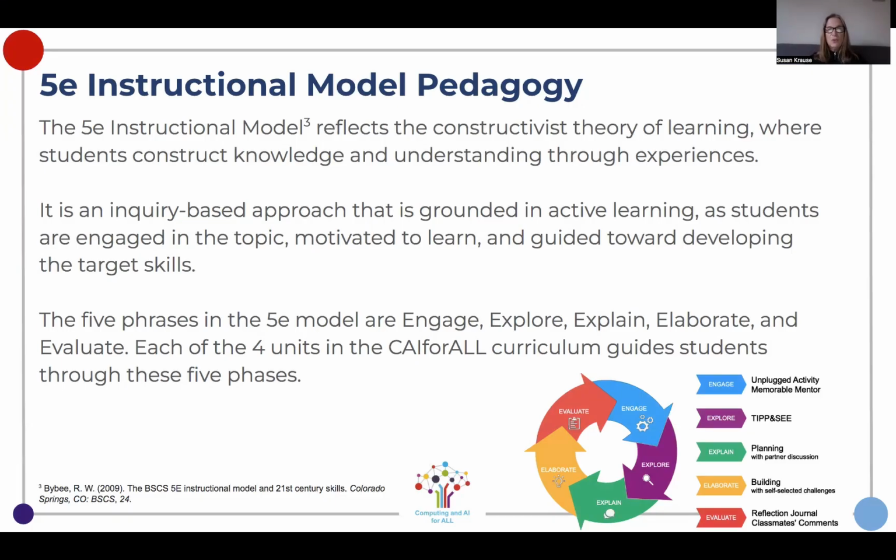And in the evaluate phase, students review each other's projects, complete a reflection journal to identify any struggles that they've had and things that they did to overcome these struggles, and to give positive feedback on fellow classmates' projects in identifying things that they did well and things that could be improved. The evaluate phase also allows students to see what other students have done in order to learn new things that they could do in future projects.